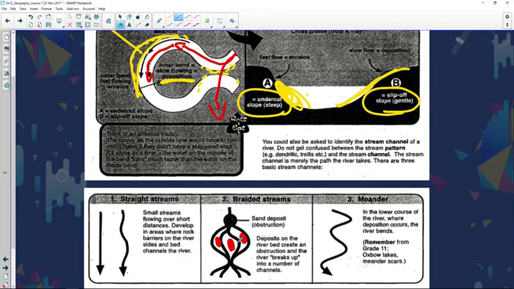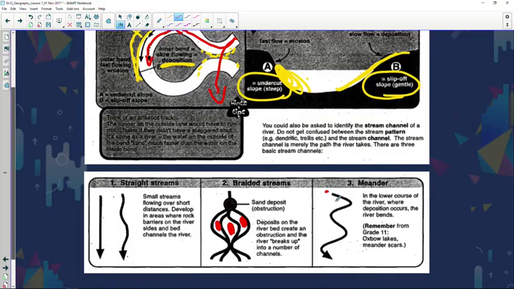The reason why is because of severe deposition. It's all the eroded materials from the upper course to the middle course being deposited in the lower course. And because of the volume of the water, the energy of the river has decreased, so deposition takes place and these small islands are formed and the river starts to break. The streams start to cut through all these deposited materials.